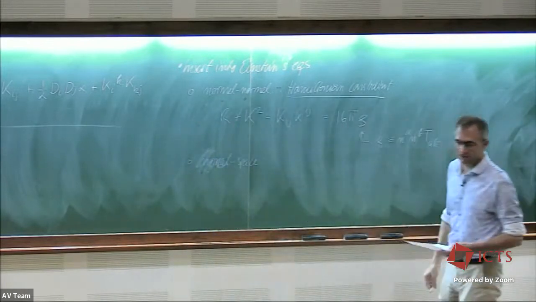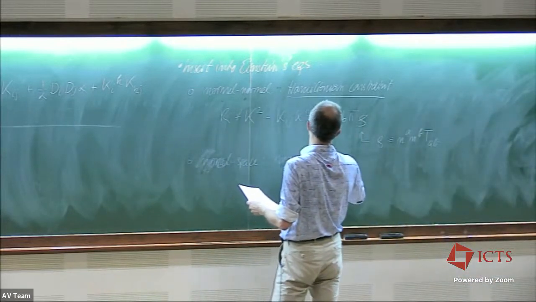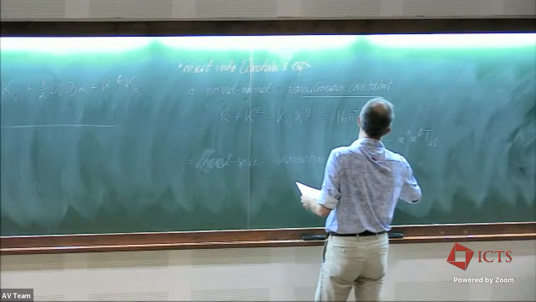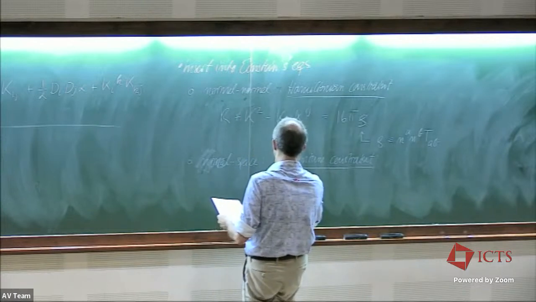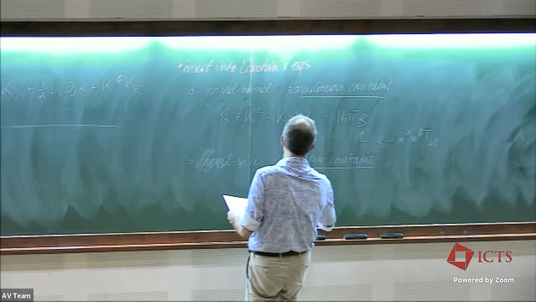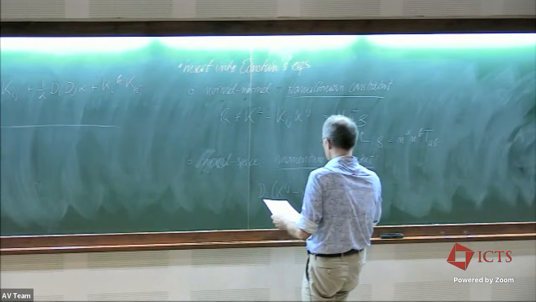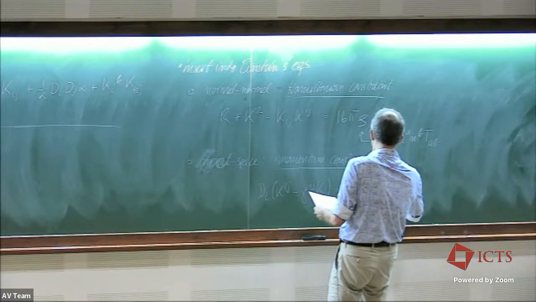That also gives us a constraint, namely the momentum constraint, which we can write as D_j (K^ij minus gamma^ij K) equals 8 pi j^i.